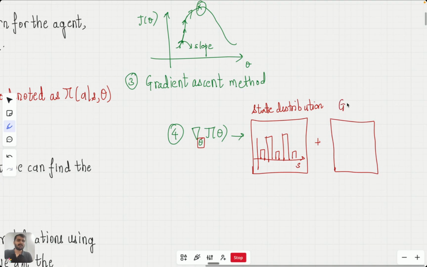And the second is the gradient, or let's replace the gradient by the change in the policy itself. So this we denote by grad pi of theta.